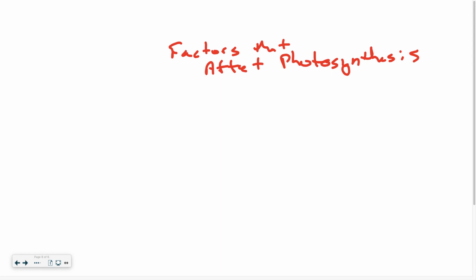What are things that would have an effect on photosynthesis? External things from the plant, not the plant. Sunlight.